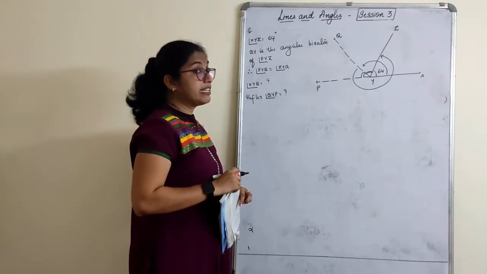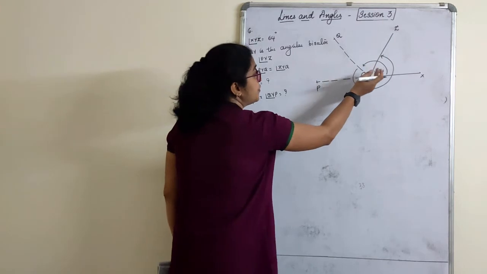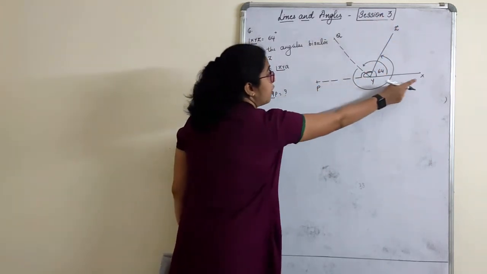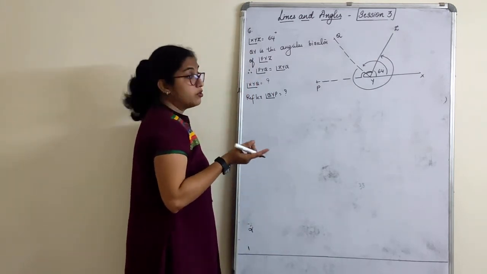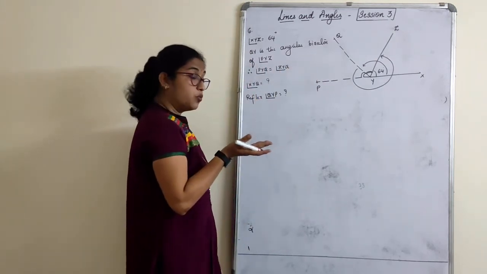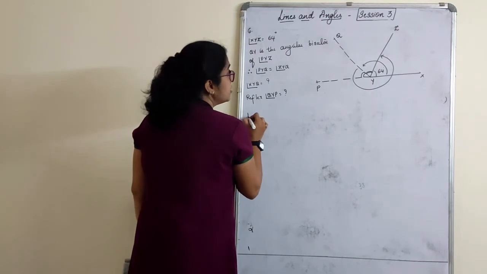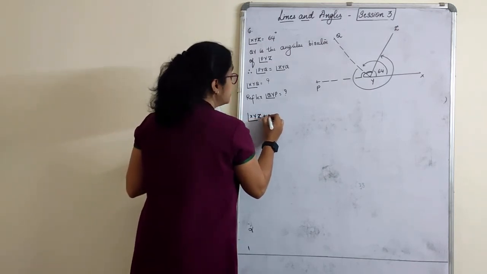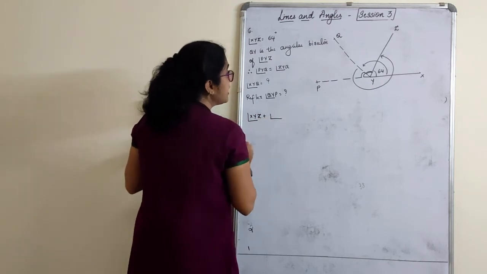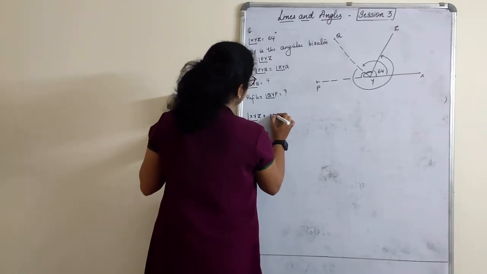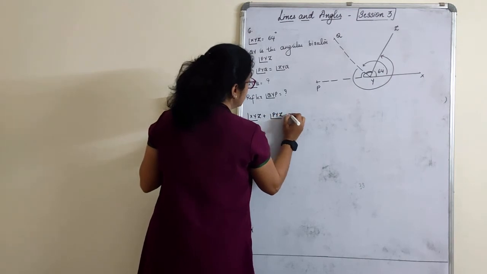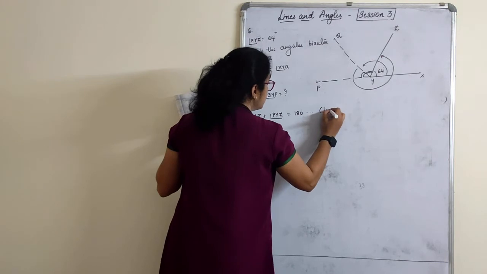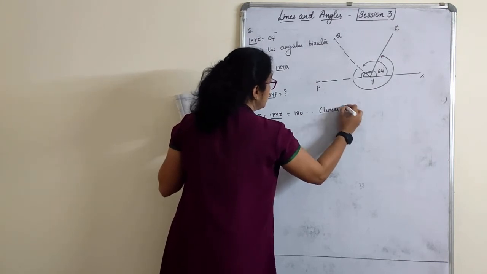Now, how do we find that angle? See here. First of all, we assume YZ is a ray standing on the line PQ, so the adjacent angles formed add up to 180. We start with that. Angle XYZ plus angle PYZ is equal to 180. Reason: linear pair.